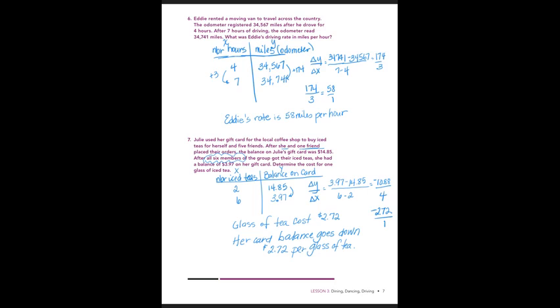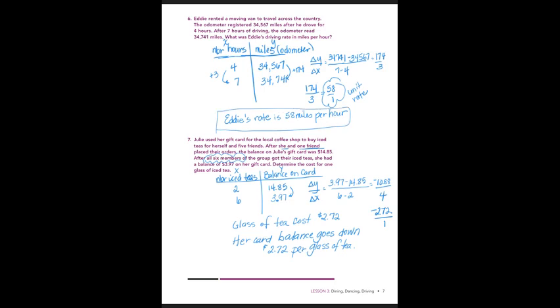So I find my change in y over my change in x by subtracting the numbers. So I find out that my change in y is 174 miles, and my change in hours would be 3. So he can go 174 miles in 3 hours. So when I find my unit rate, it tells me that he must be traveling at 58 miles every hour. So I'll say Eddie's rate is 58 miles per hour.